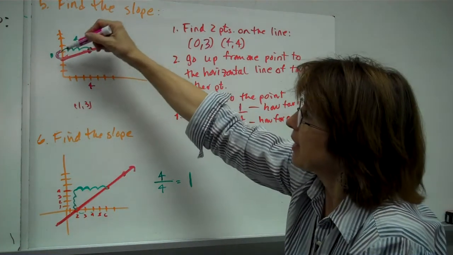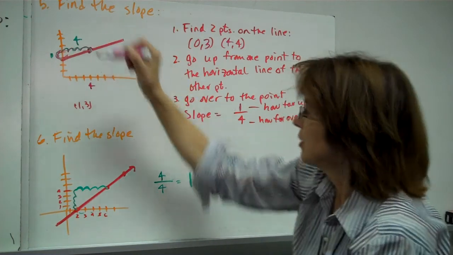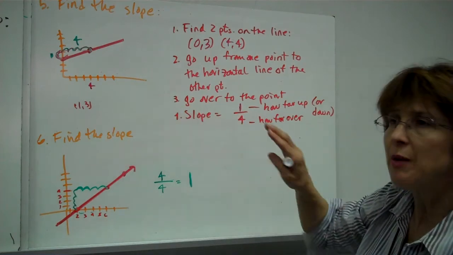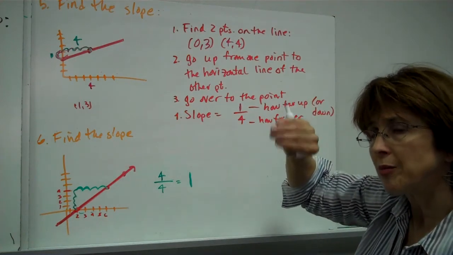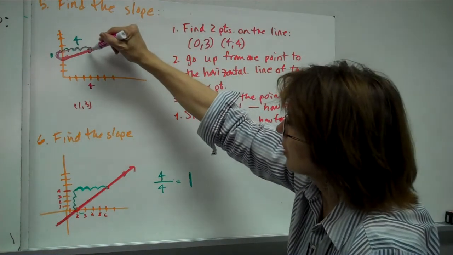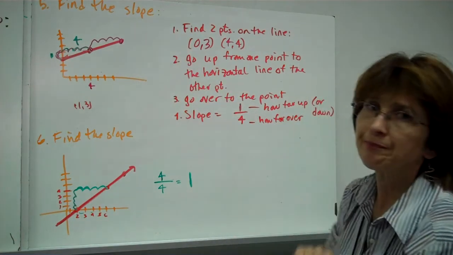Then you count how many you have to go over to get to the actual point. I had to go over 1, 2, 3, and 4, and that goes on the bottom. So this line has a slope of 1/4. Every time you go up one, you have to go over 4. If you did it again, you'd go up 1, over 1, 2, 3, 4, and find a point on the line.